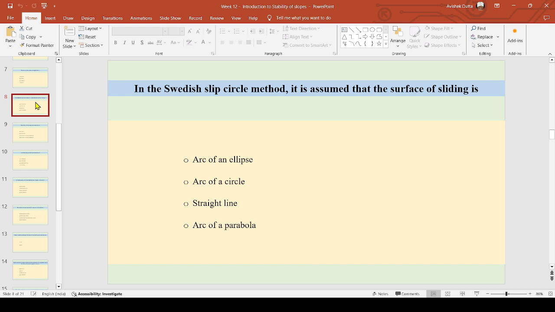Basically, it requires the shape of the sliding surface which is being assumed while performing stability analysis with the help of the Swedish slip circle method. Okay, next question.